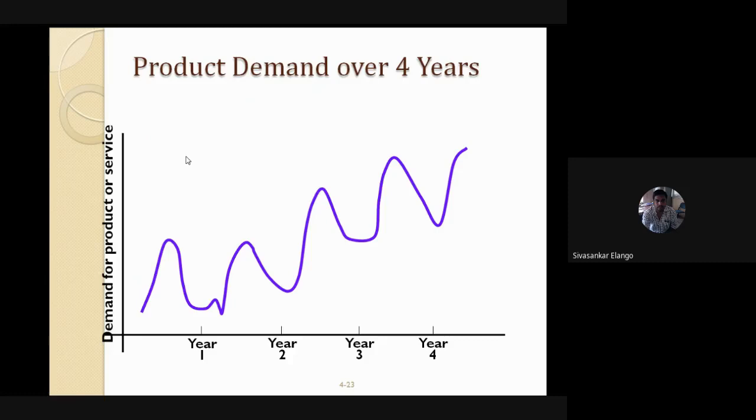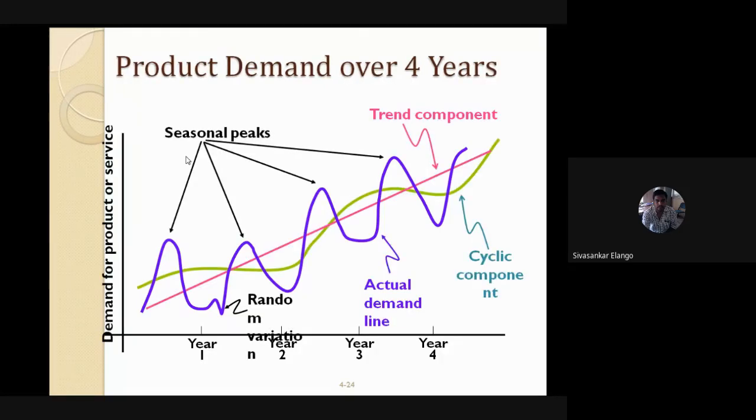We have plotted the demand of a product for the past 4 years. In this, if you look at it, there's a trend component. The trend component is this, it's an upward movement. So there is an increase in sales. And you also have seasonal peaks. Seasonal peaks indicate short-term wave-like patterns.